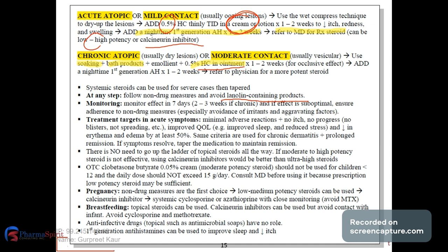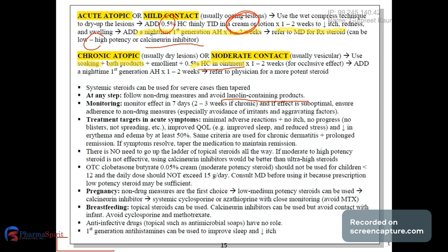We also need to look at the treatment targets. If the symptoms are acute, we need to see minimal adverse reactions, no itch, no progress, which means it is not spreading and not blistering. We need to improve the quality of life so the patient can sleep at night and has less stress. And we want to reduce the erythema and edema by at least 50%. This is for the acute symptoms.